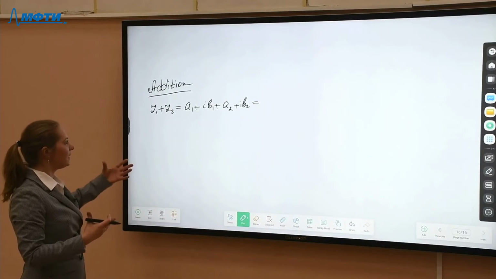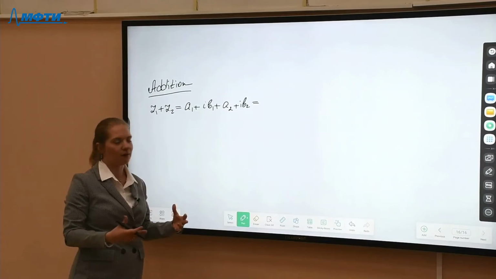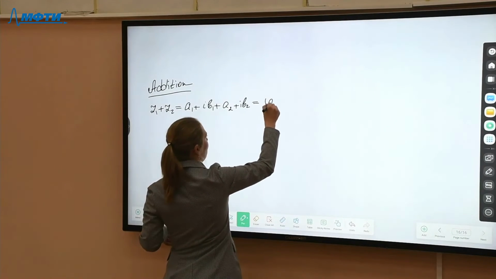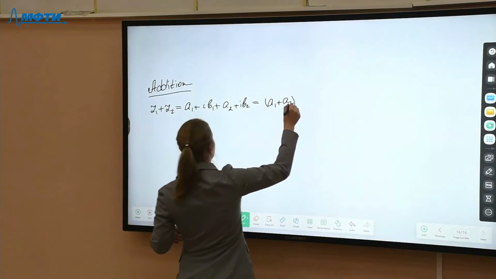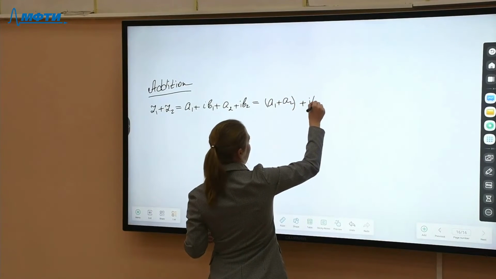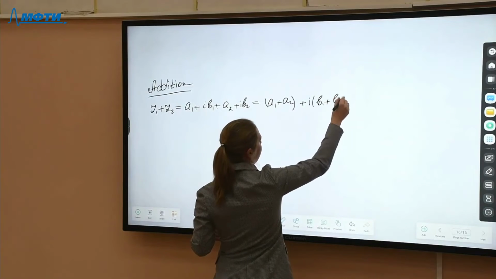Again, we consider this as a polynomial. So it will be a1 plus a2 and plus i times (b1 plus b2).